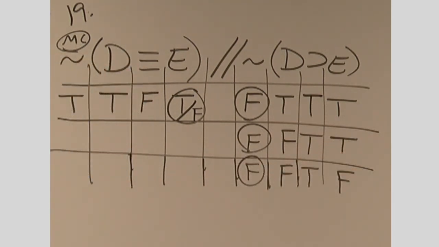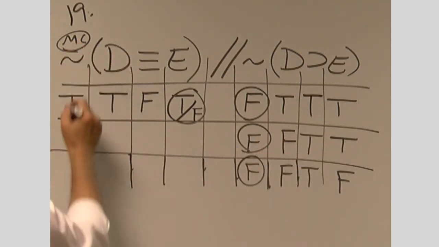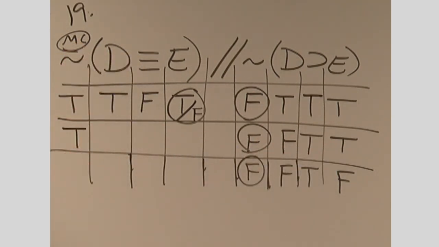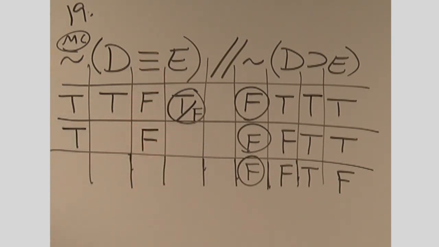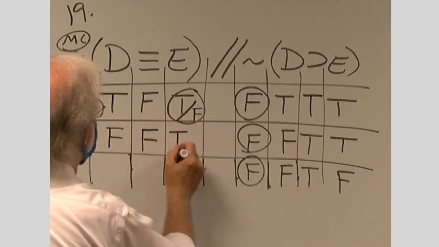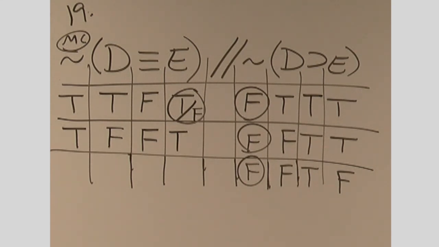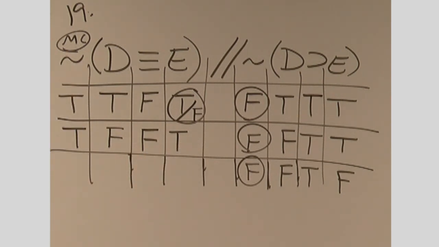So I go to the next row. Here I'm going to set the main connective to be true. That means that the triple bar needs to be false again. Now on this row, D is false and E is true. Would that make the triple bar false?